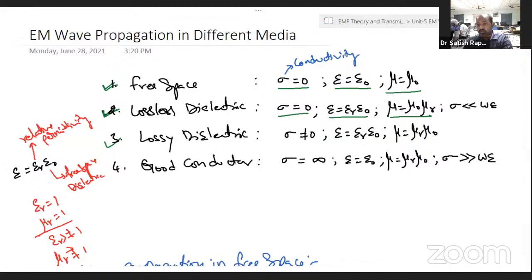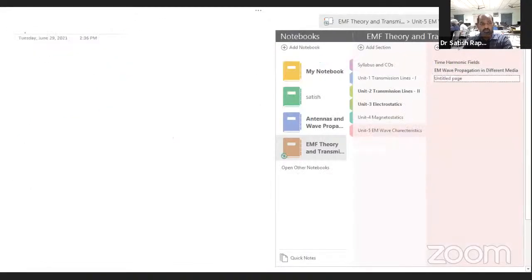So let us move on to a new page. EM wave propagation in lossy dielectric media, right?